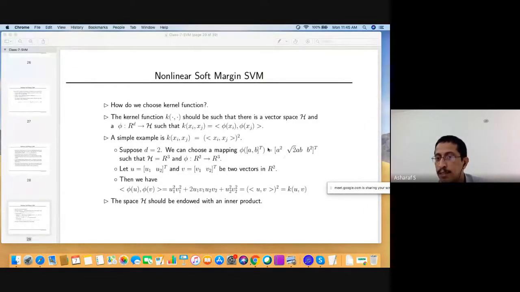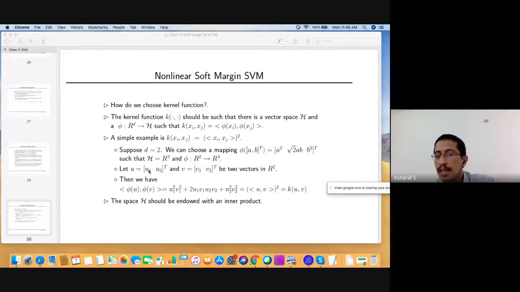This is the representation in the transform space. The dimensionality of the original space is two, and the dimensionality of the transform space is three. From R2 to R3 is the transformation.